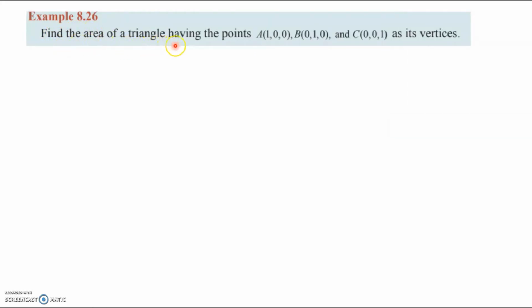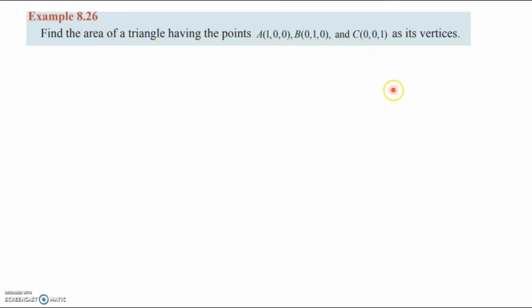Example 8.26. Find the area of a triangle having the points A, which is 1, 0, 0, and B, which is 0, 1, 0, and C, which is 0, 0, 1 as its vertices. So these are the vertices, and you're asked to find the area of the triangle.